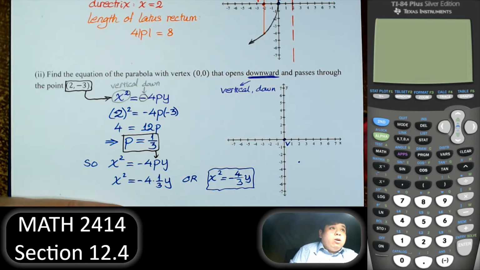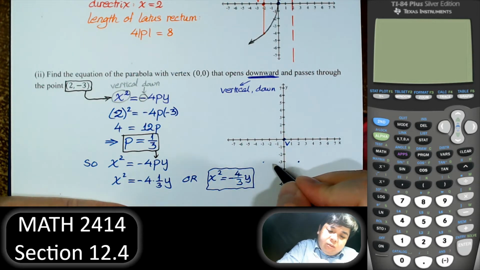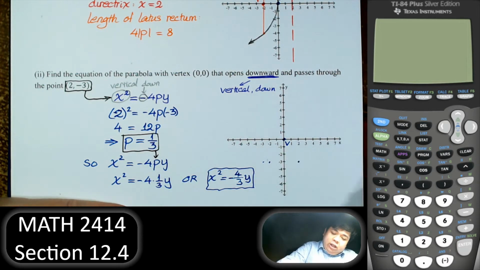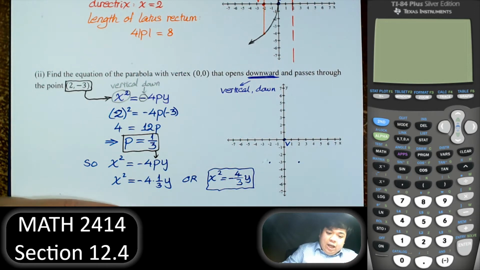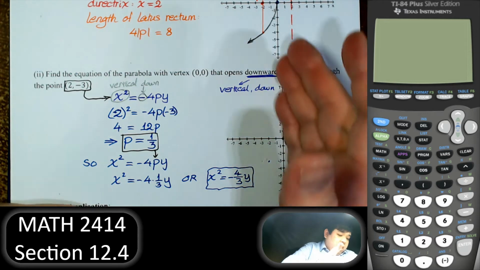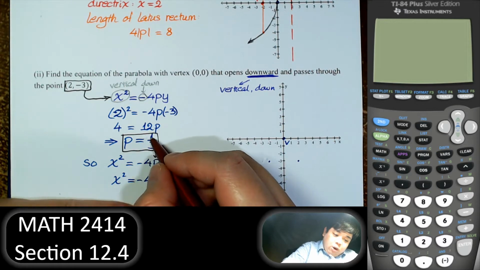So if we want to draw, we just have a point here. Because of symmetry, it will have another point here, sorry, negative 2 and negative 3. It opens down, so the line of symmetry will go through the vertex, and the focus will be 1/3 away from it.